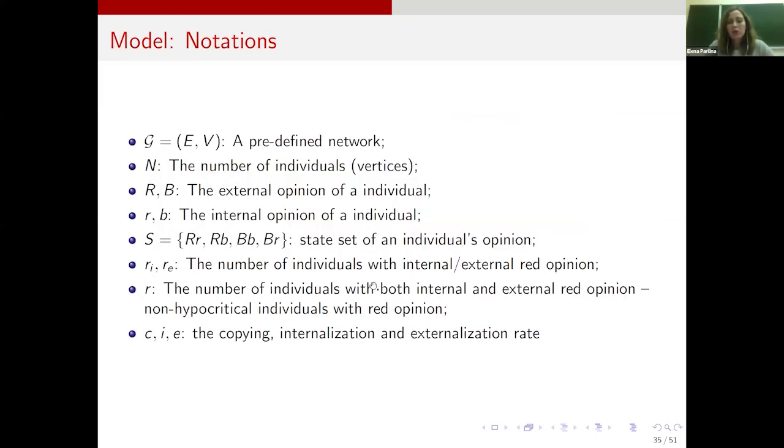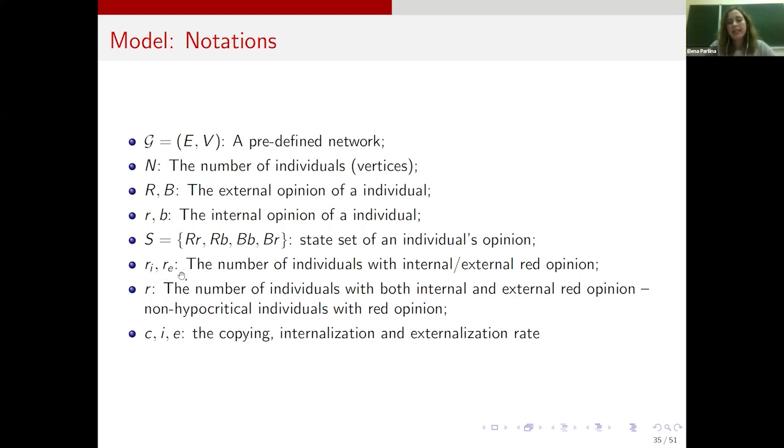And for this model, we have the following notations, very brief. So we have N, capital N, the number of individuals, and network G, a given network which is not changing over time. And capital R and B represent the external opinion, red and blue, of an individual, small r and b, the internal opinion of an individual, and the state set for each individual: we have these combinations of external and internal opinions, 4 states.